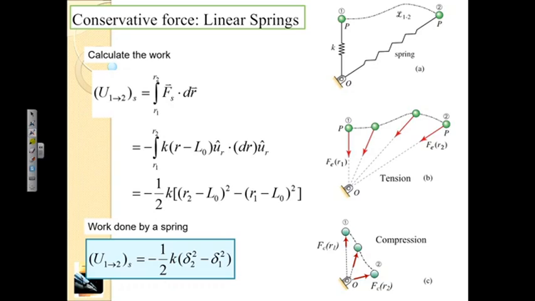My initial velocity, I got this thing compressed and locked. My spring, V1, half k delta 1 squared. At position 2, that'll be after my spring has extended back to normal and this thing has got all its energy converted to kinetic energy.